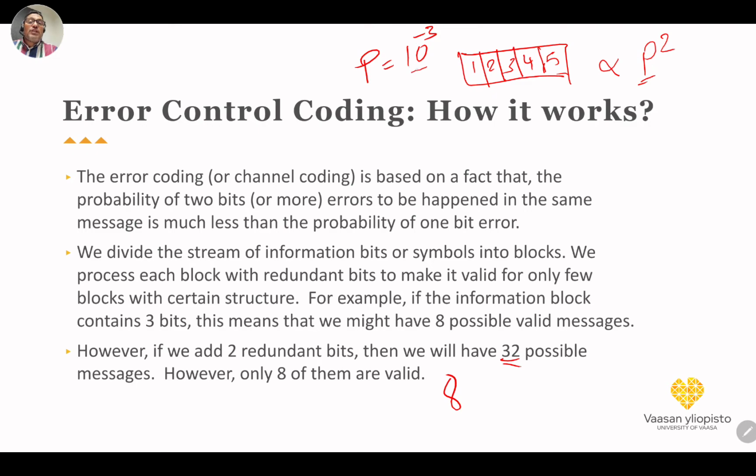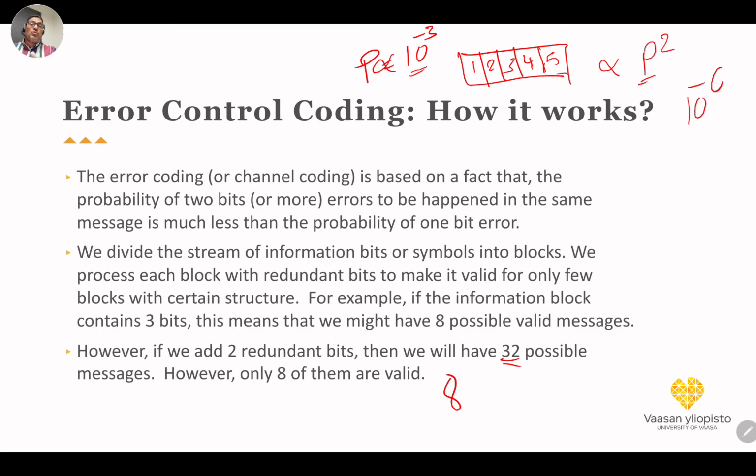So for example, the probability of a single error is related to 10 to the power minus 3. The probability of 2 errors is related to p squared, which means 10 to the power minus 6. So if the probability of one error is equal to 10 to the power minus 3, it means that every 1000 packets we will have one packet with one error.